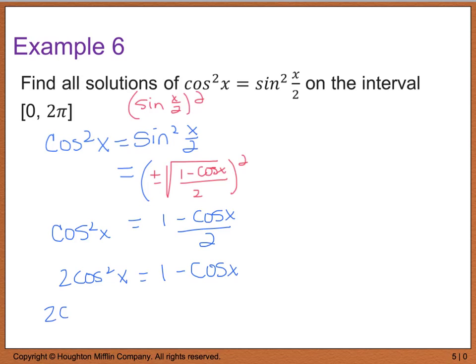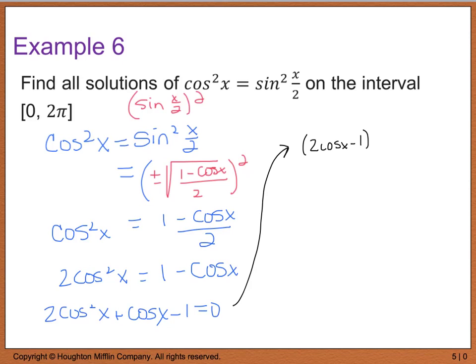So I have 2 cosine squared x plus cosine x minus 1 equals 0. And I can factor this into 2 cosine x minus 1 times cosine x plus 1 equals 0.